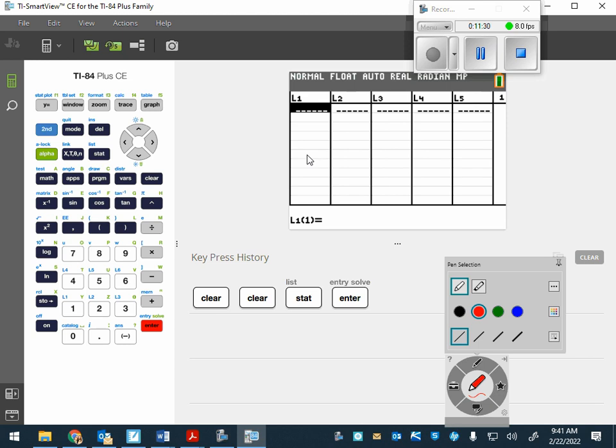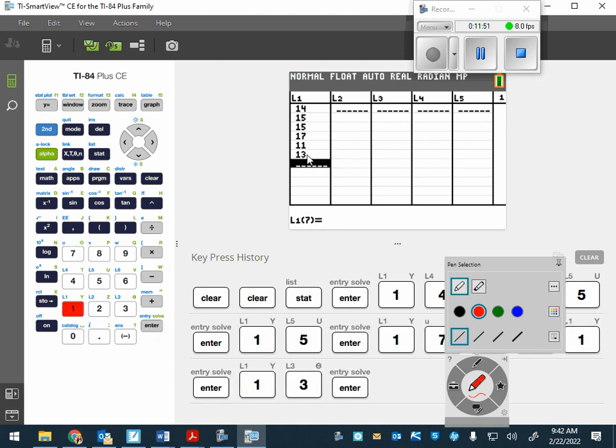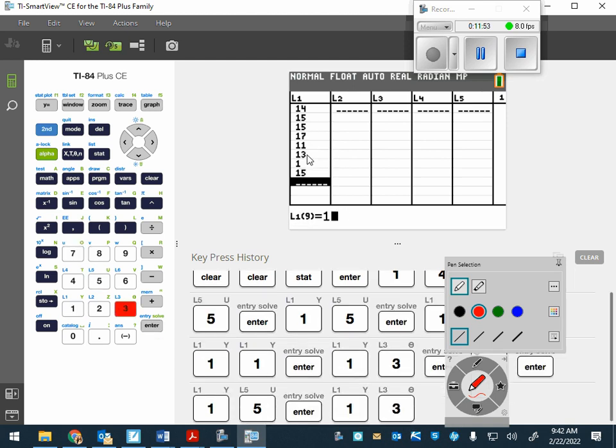For list 1, you are going to enter the winning scores that we have so far without the 3. So we have 14, type it in, then hit enter, then 15, enter, 15, 17, 11, 13, 12, 13.